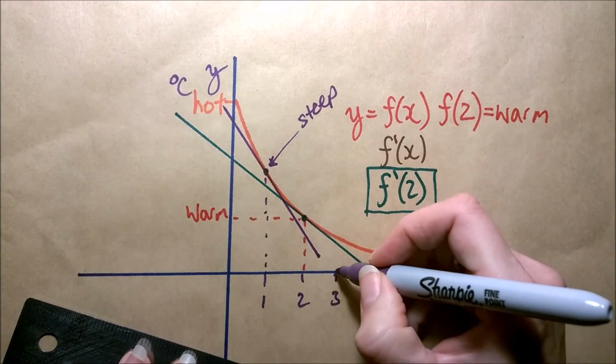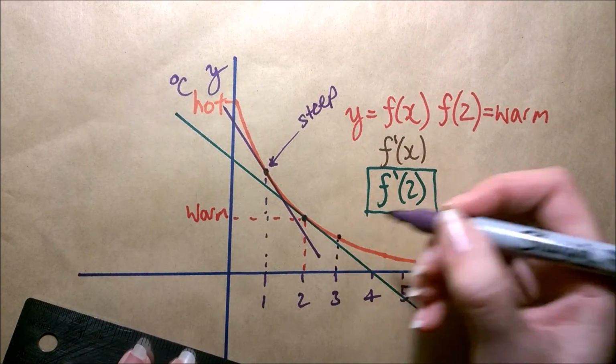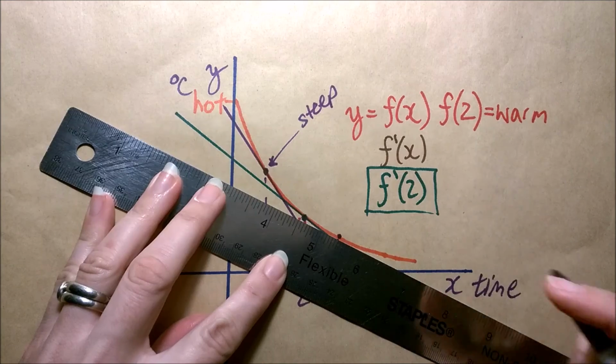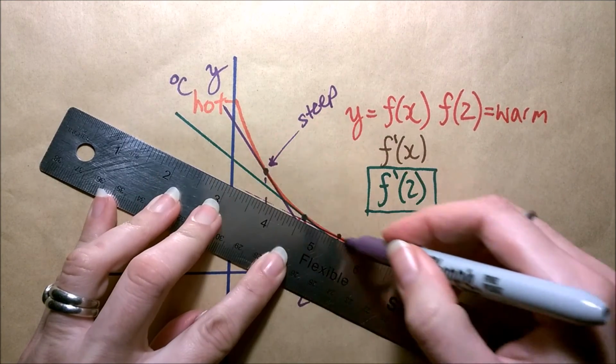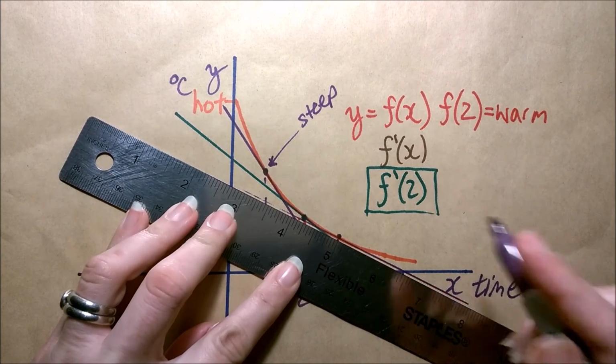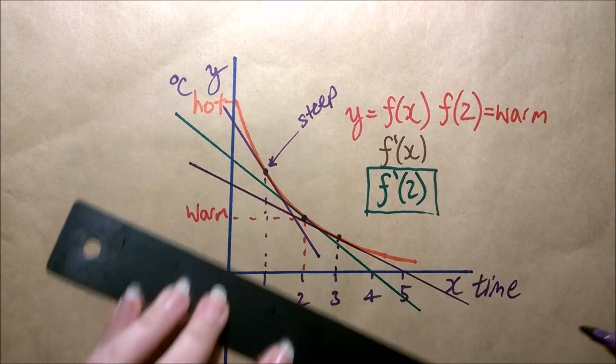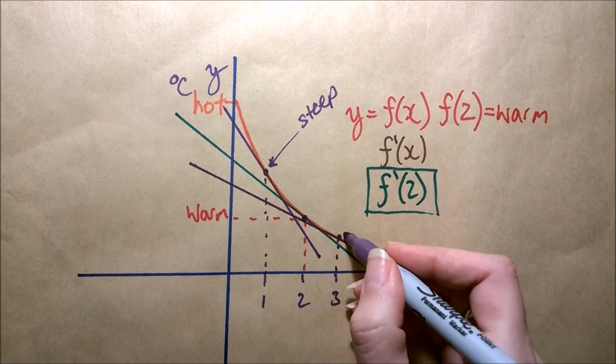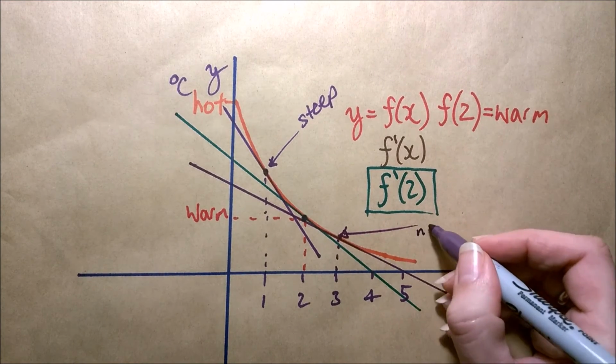And if we were to look at 3 minutes, by chance, it's a shallower line. It's a shallower gradient. So what does it mean to have a shallower gradient? It's not as steep.